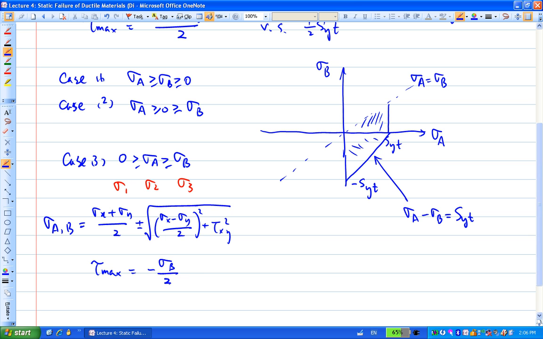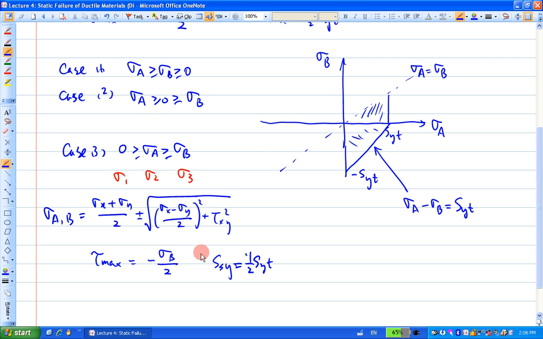That's the tau max in this case. What do we compare with? We compare that with your SSY, which is half SYT. When this is greater than that, you have failure.